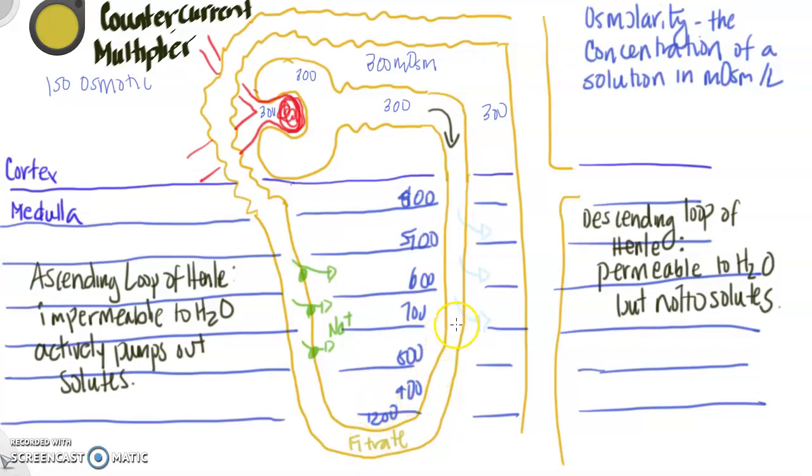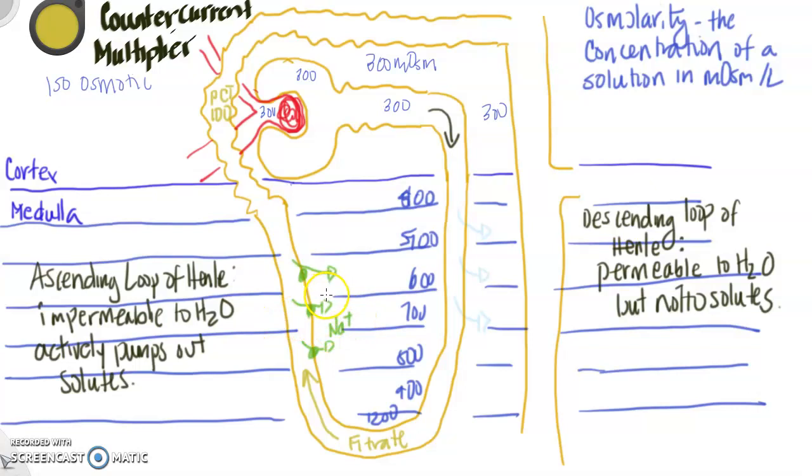The water's gone. As it moves up in this direction, now we're pumping the solutes out of it, so it's getting less concentrated, so that once it gets to the distal convoluted tubule, the osmolarity could be as low as 100.